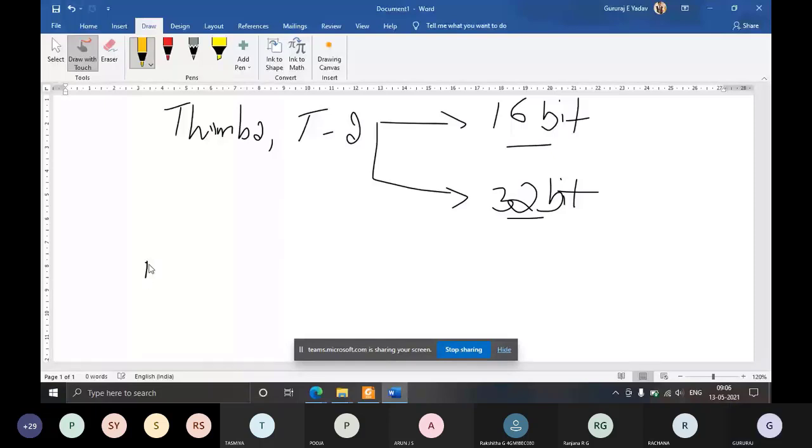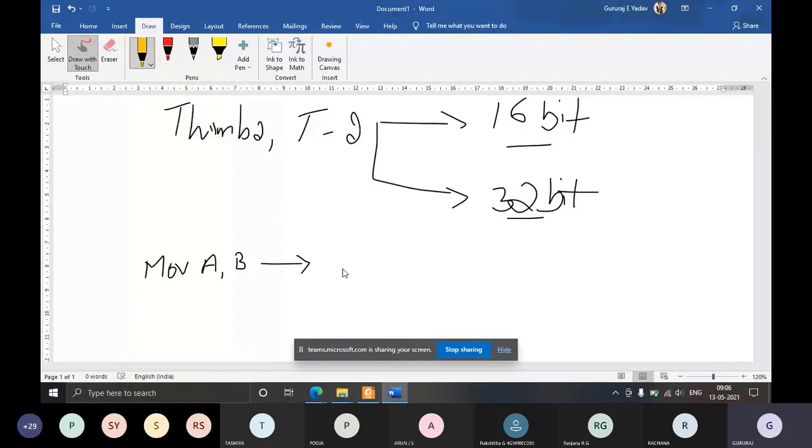Let's say, so this is only an example. I'll explain what you mean by a 16-bit instruction and what you mean by a 32-bit instruction. So MOV, let's say A comma B. So this is an assembly instruction. Okay, so let's say it is of 8051. Fine. So it is an 8051 instruction, MOV A comma B. So understand that this MOV A comma B will not be understood by the processor or the controller.